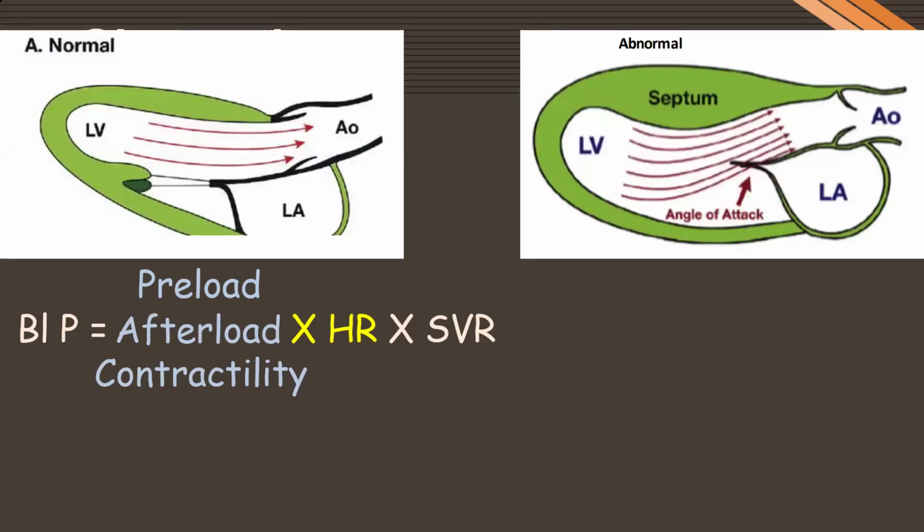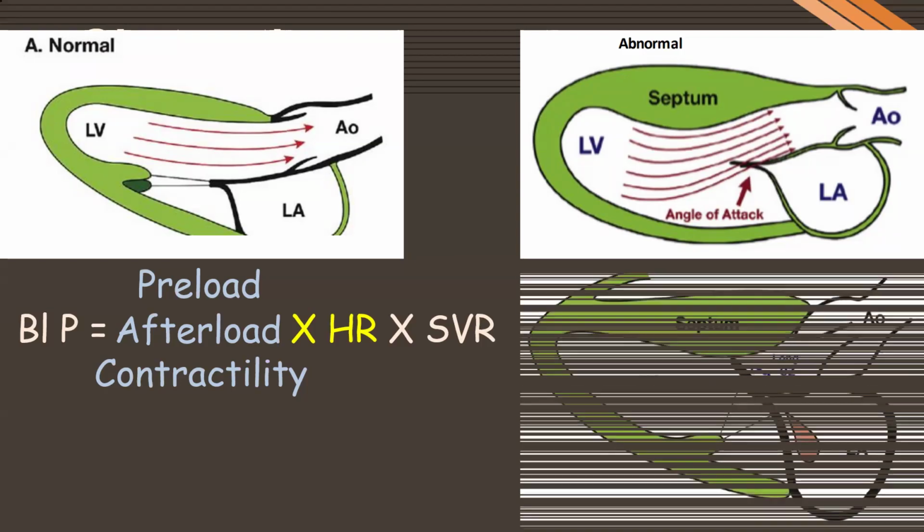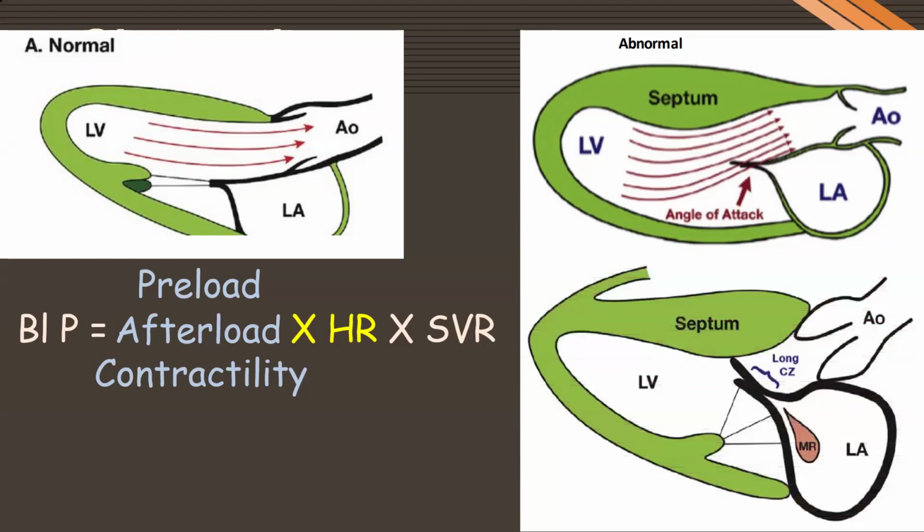Because the anterior mitral leaflet is in the way of the flow, it gets caught in the flow. So it is dragged with the flow of the blood from the LV to the aorta. Dragging of the anterior mitral leaflet causes obstruction at the left ventricular outflow tract and sudden closure or discontinuation of the stroke volume.